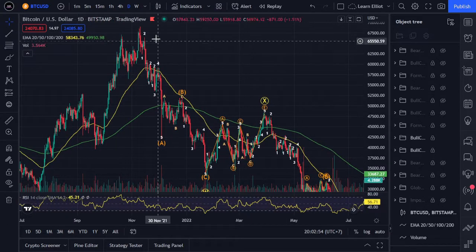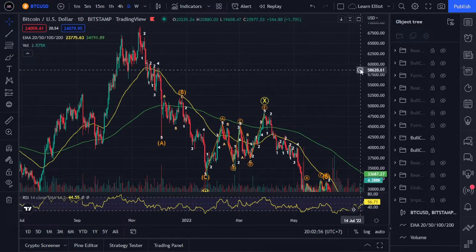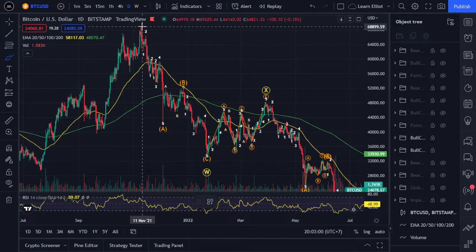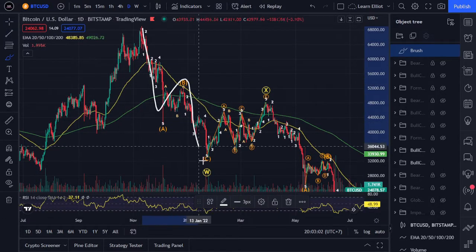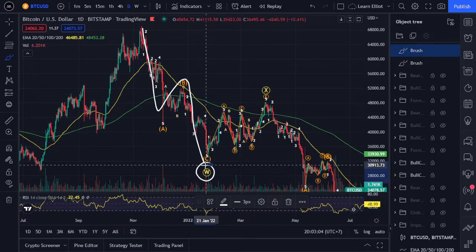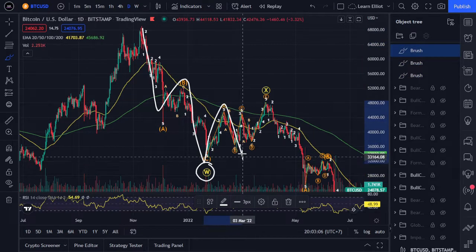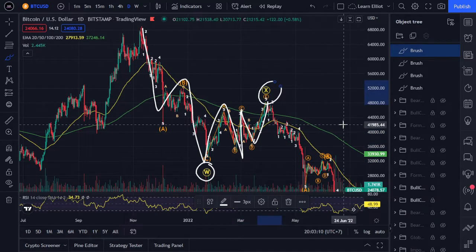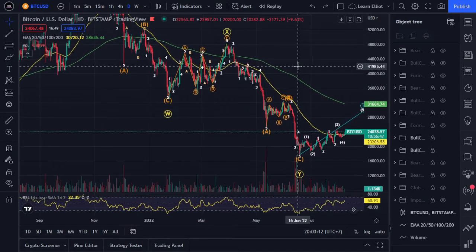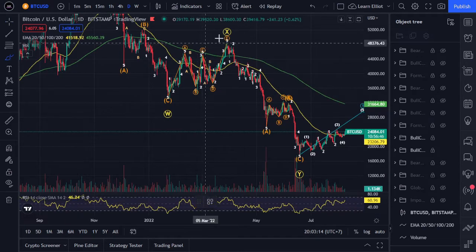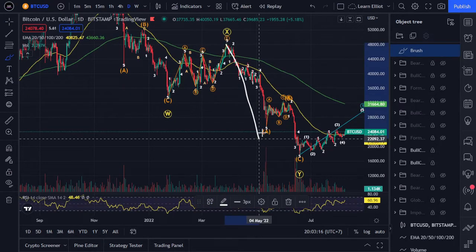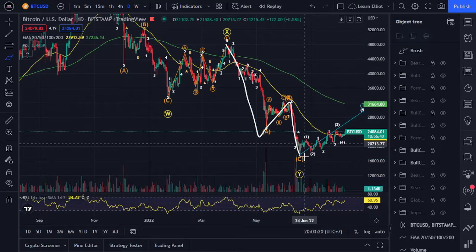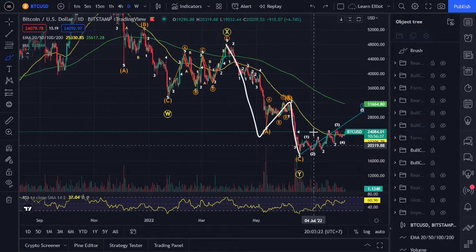From the 69k high here we have an ABC correction to the wave W, and a triangle wave to the wave X here, and another ABC correction, the last wave ABC, to the last wave, which is wave Y here.